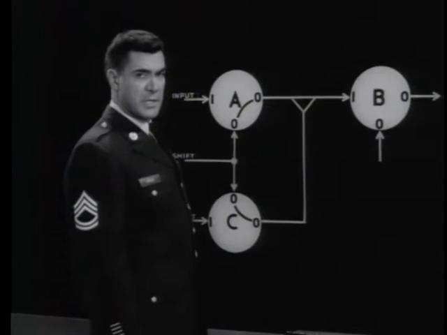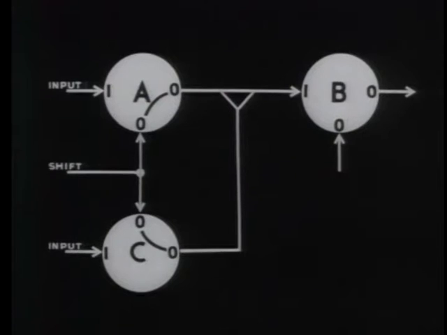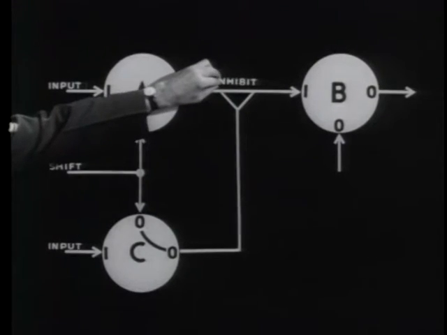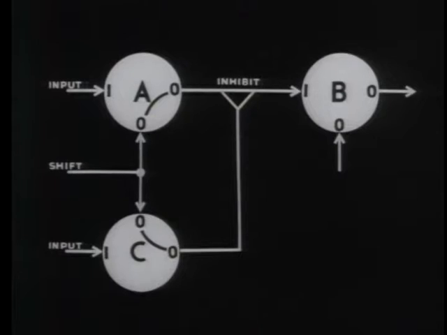But this output from C serves a special purpose. Whenever it occurs, it will prevent or inhibit the flow of current from core A to core B, and this action gives the loop its name, the inhibit transfer loop. In order to transfer a binary 1 from core A to core B, 3 conditions must be met.